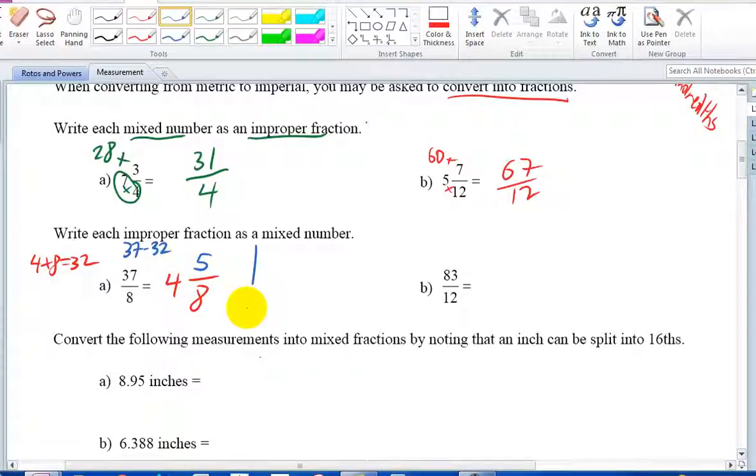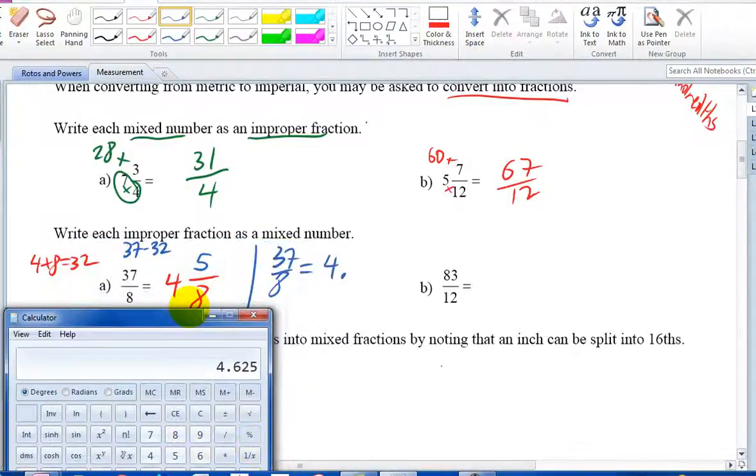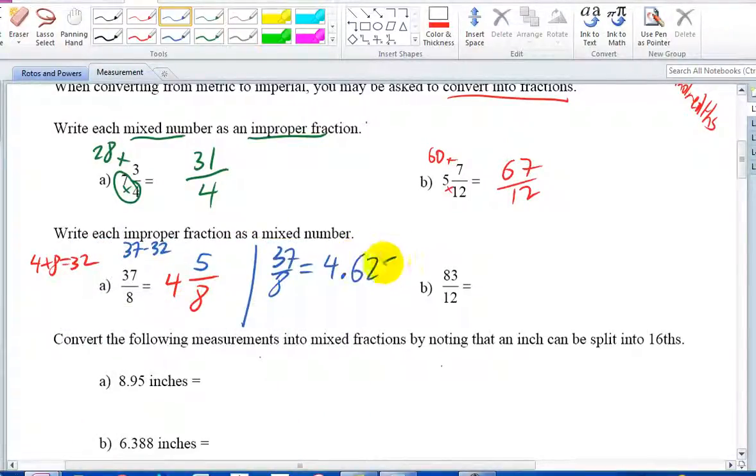So what we can do is 37 divided by 8. What does that equal? What's 37 divided by 8? 4 point what? Here, I got my calculator. 37 divided by 8. You're right, it equals 4.625. Okay.